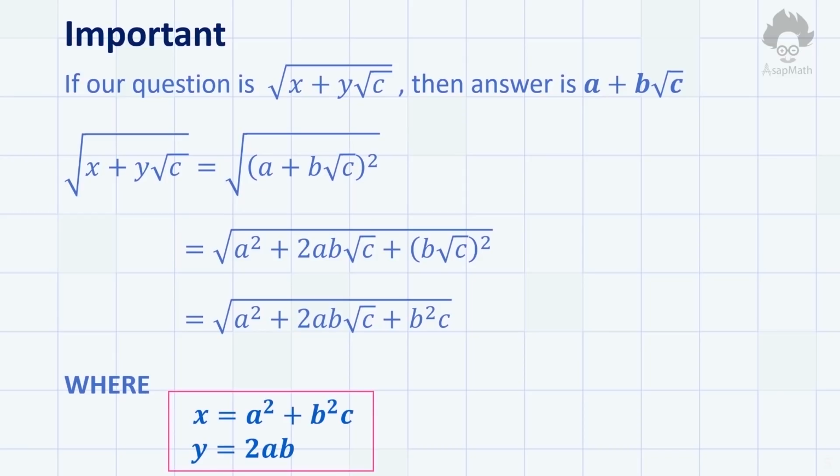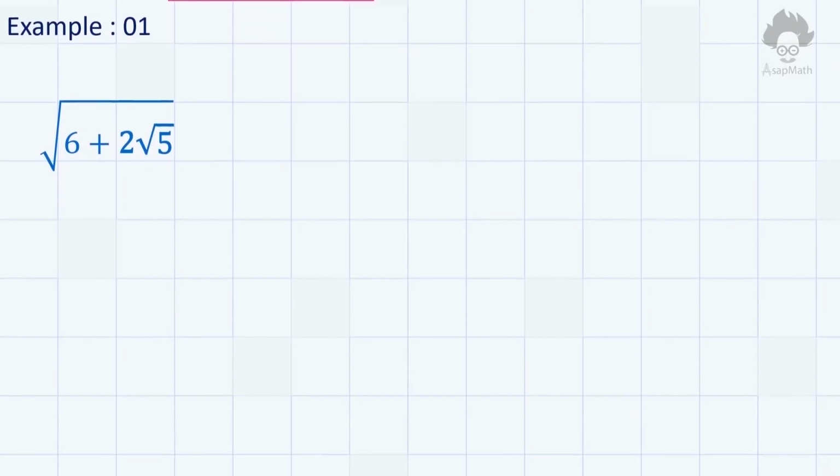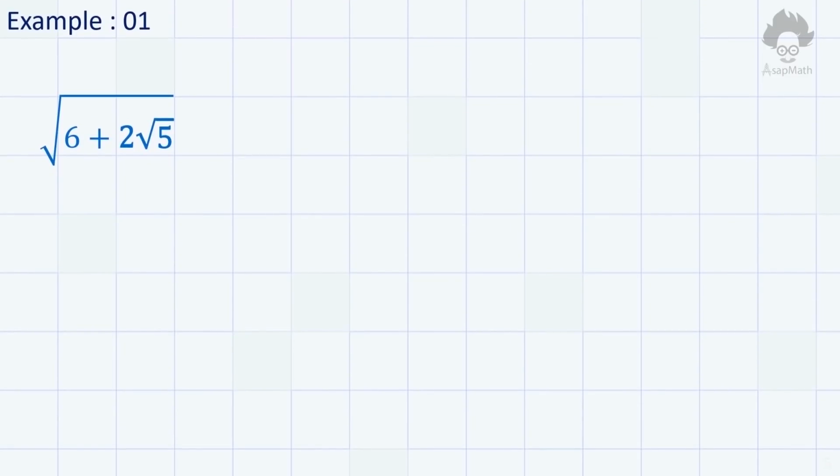These two criteria are very much important for next problems. After understanding the concept behind this simplification, let us see how can we quickly solve example 1 with one step.